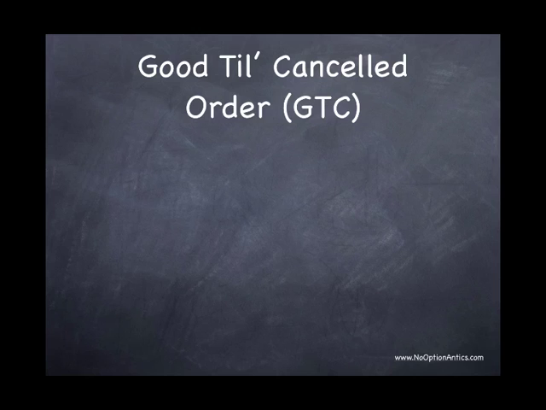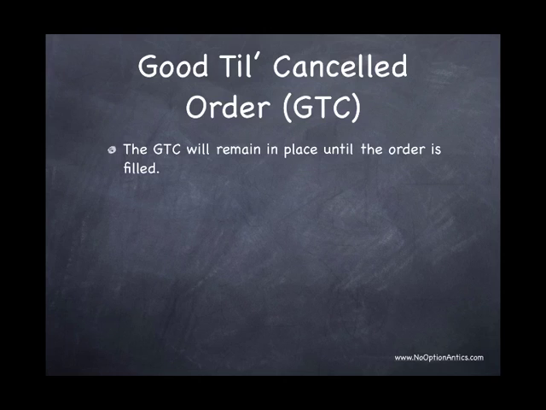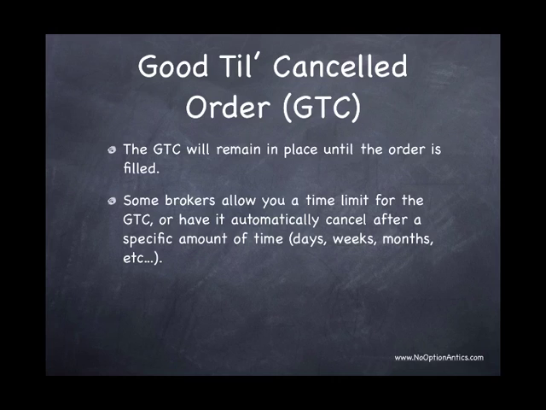Another type of order that's available is something called a good till cancel order, the GTC. Now the way the GTC operates is this order will remain in place until your order is filled. So for example, if you wanted to buy a $50 call and you wanted to buy it for $2, and if it didn't get filled at $2 the first day, the order would be there the next day, and the next day, and the next day, and the next day.